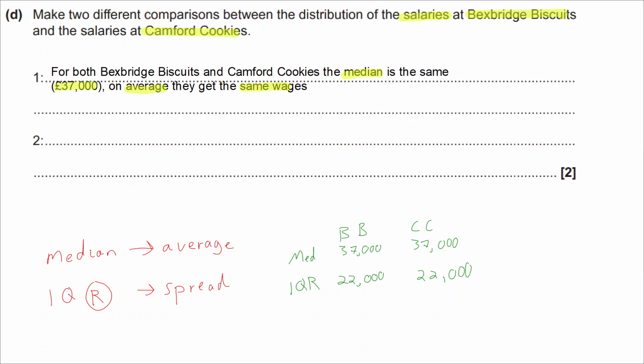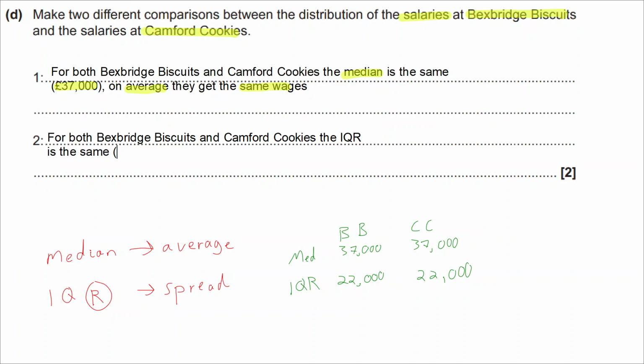Oh, what's going on here? And then also, for both Bexbridge biscuits and Camford cookies, the interquartile range is the same.